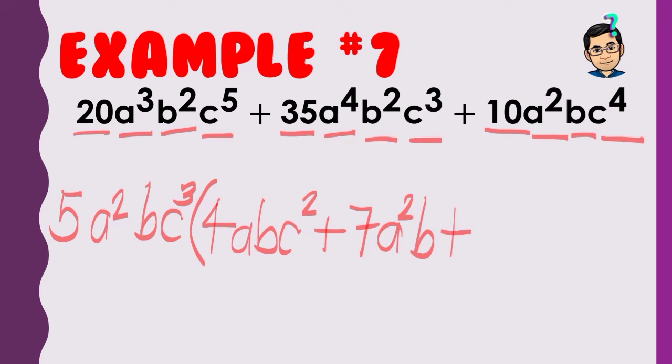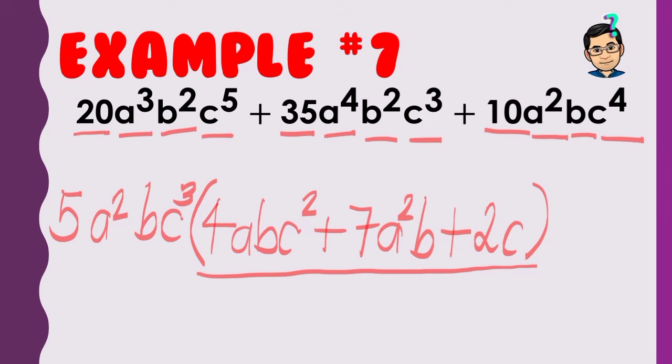Plus 10a squared bc to the fourth power divided by 5a squared bc cubed. The answer is 2. For a squared, cancelled. B cancelled. C to the fourth power divided by c cubed is only c. So, ayan. And then, yung mga remaining factors niya, kung mapapansin nyo, wala nang common sa kanilang tatlo.